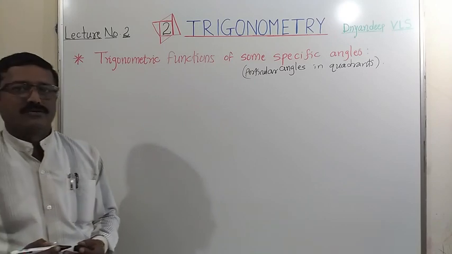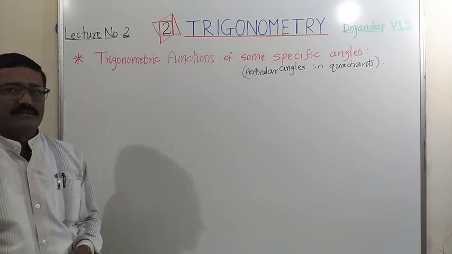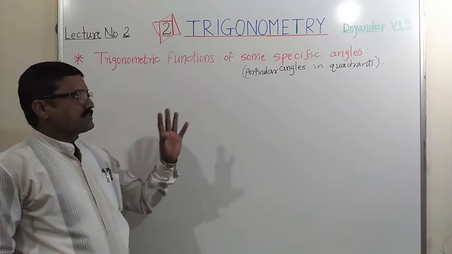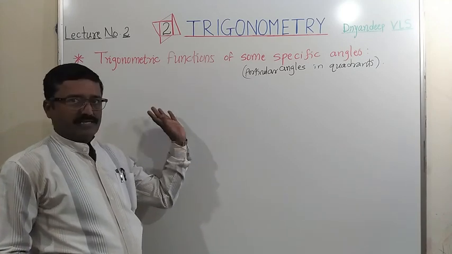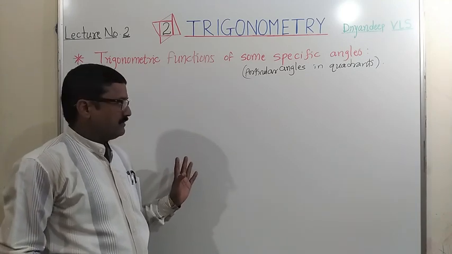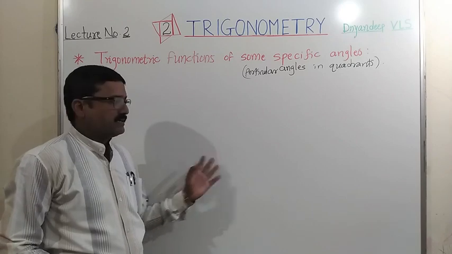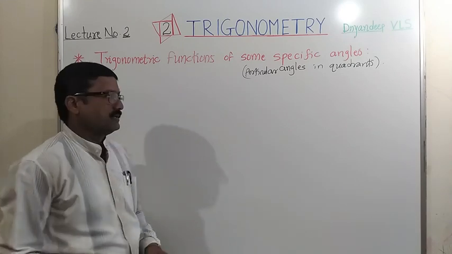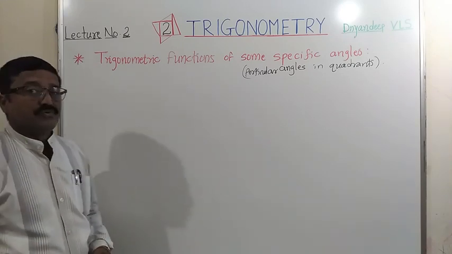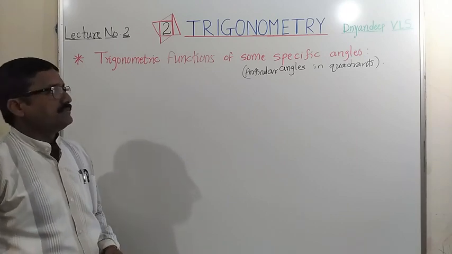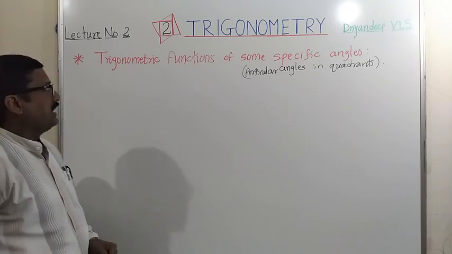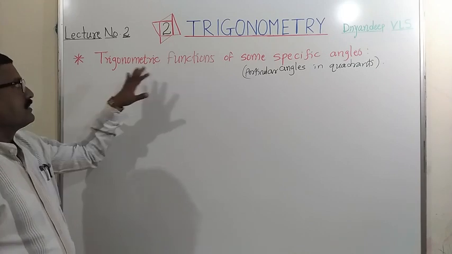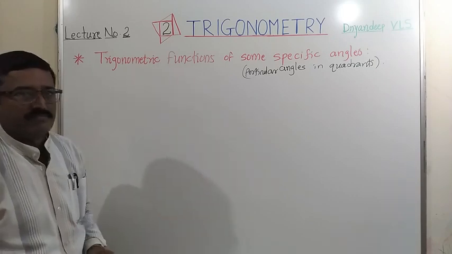For example, we will take one angle which is in the first quadrant, one example of an angle in the second quadrant, a third example of an angle from the third quadrant, and one from the fourth quadrant. Okay. So we will see here four different cases, or four specific angles, and their trigonometric functions. Trigonometric functions means all trigonometric functions.